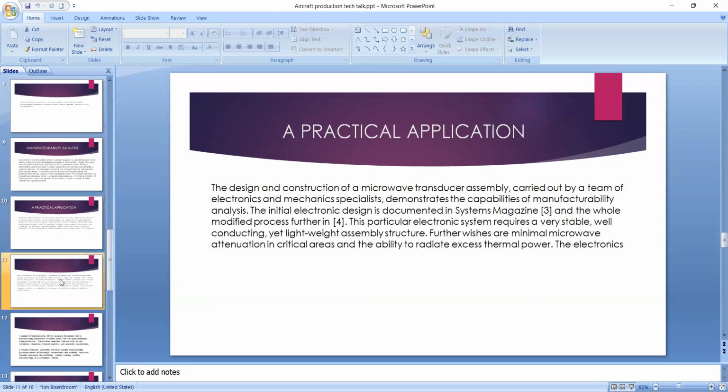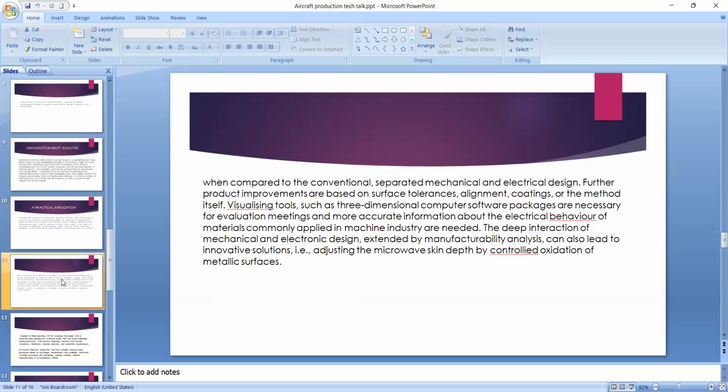When compared to the conventional separated mechanical and electrical design, further product improvements are based on the surface tolerance, alignment, coatings, or the method itself. Visualizing tools such as three-dimensional computer software packages are necessary for evaluation.